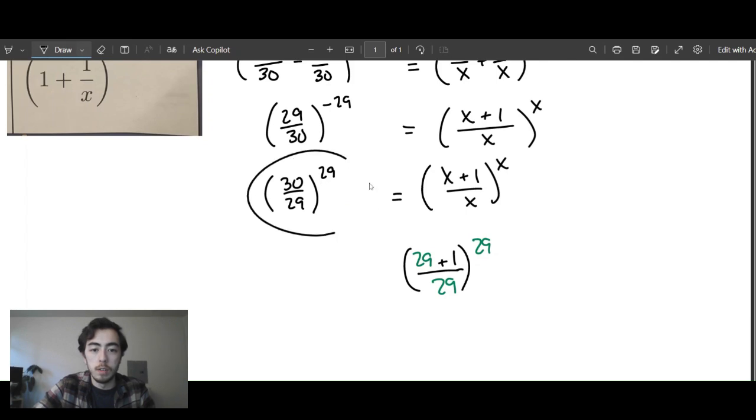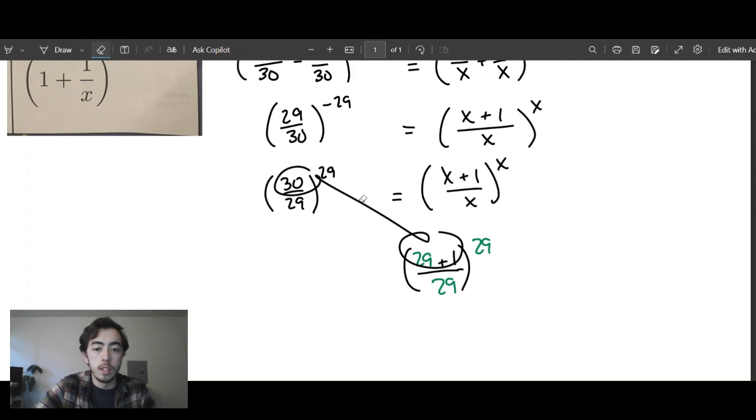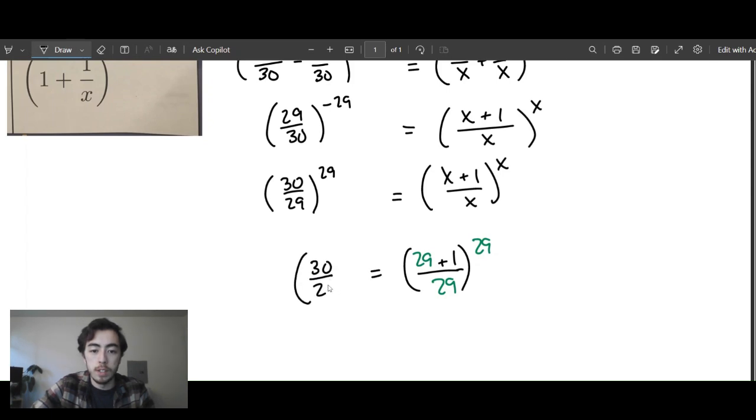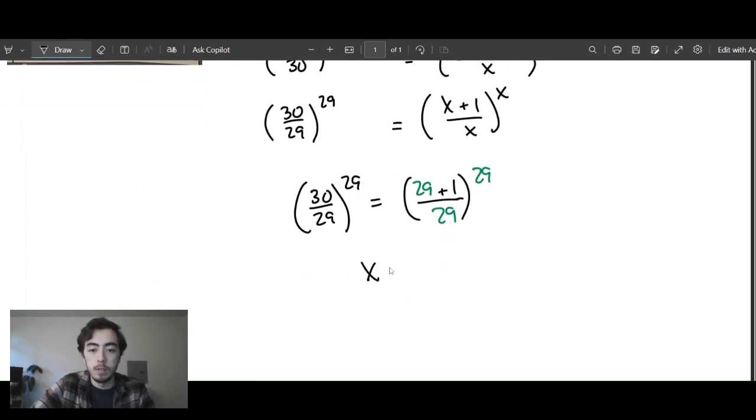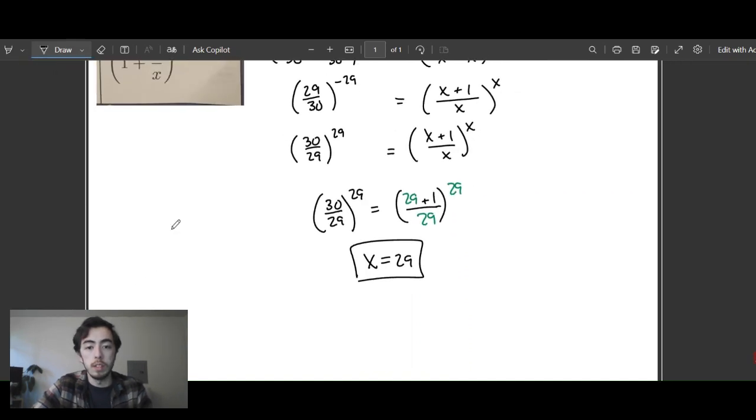You can see how the numerators match. That's a 30 and a 30. The denominators match and the exponents match, and they're just both 29s. Since the left side of my equation matches the right side, I know that x is equal to 29. And that's today's date. So we're basically all done.